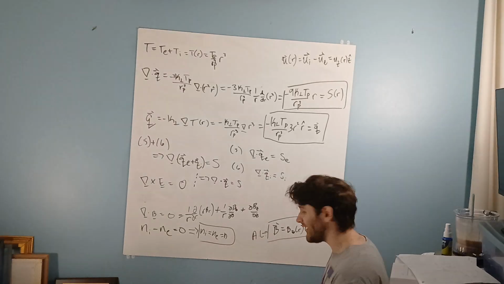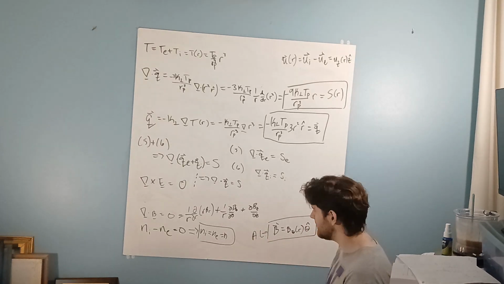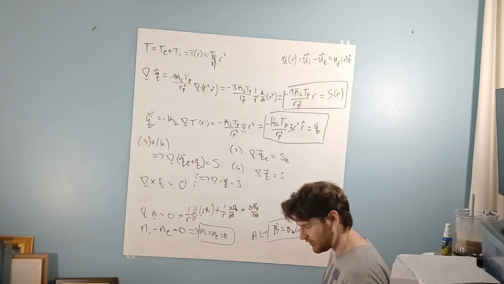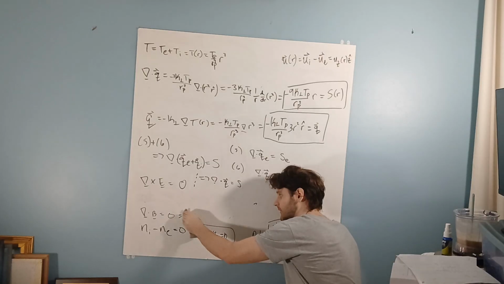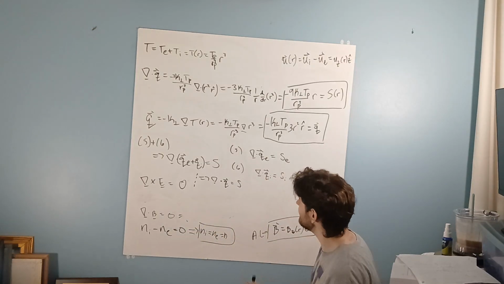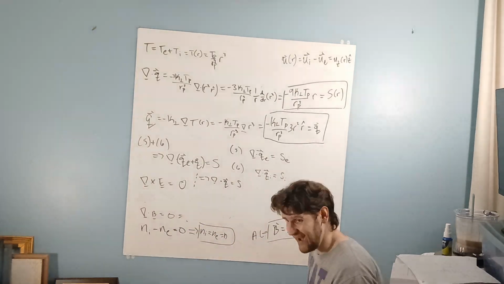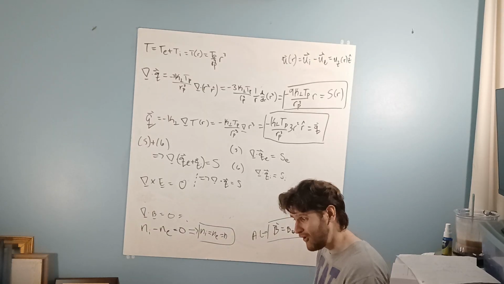The only component we have is the theta one, but it doesn't depend on theta, it depends on R. So again, all this goes away. That's all equal to 0. So what we've found is we're there. It works. It all works.